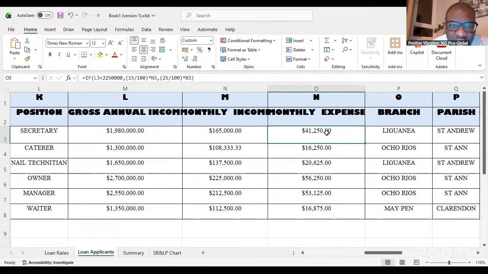So we need to figure out where in the formula is wrong. Let's check it again. If this is less than 225, then you must do 15 divided by 100 times N3.